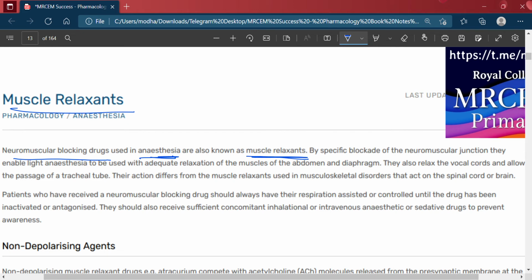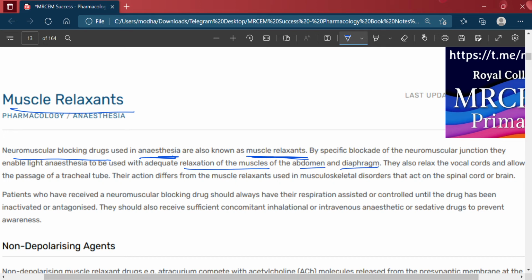By specific blockage of the neuromuscular junction, they enable light anesthesia to be used with adequate relaxation of the muscles of the abdomen and the diaphragm.